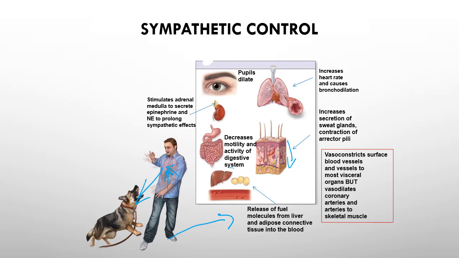Get it over into places like the liver so we can convert that glycogen over into glucose, get it into the lungs so that we can increase our oxygen within the body, get it to our skeletal muscles, get it to our brain, increase the flow where we absolutely have to have that blood flow. So in some places when it comes to blood flow, we're going to get vasoconstriction, and in other places we're going to get a vasodilation. All depends upon what is needed at that particular time.